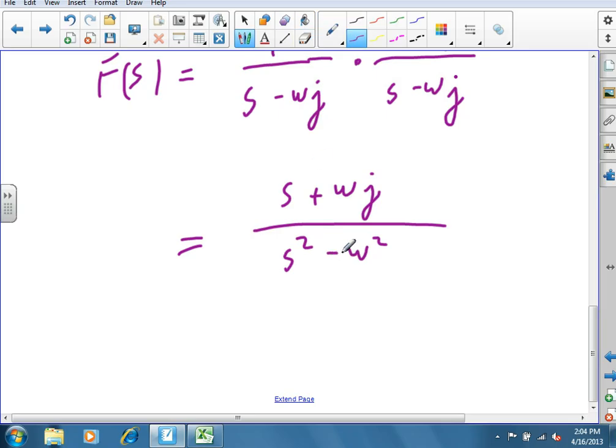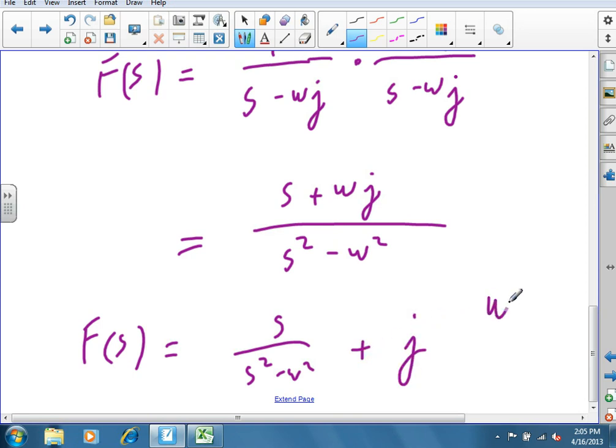Yeah, minus omega squared, right. All right, so I've rationalized the denominator. Now, F of s is equal to s divided by s squared minus omega squared plus j omega over s squared minus omega squared.